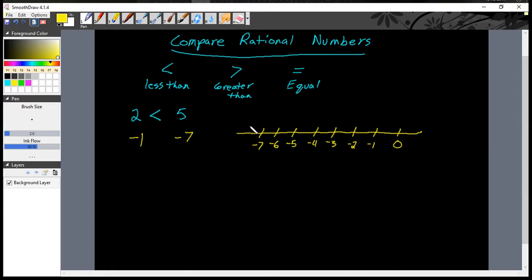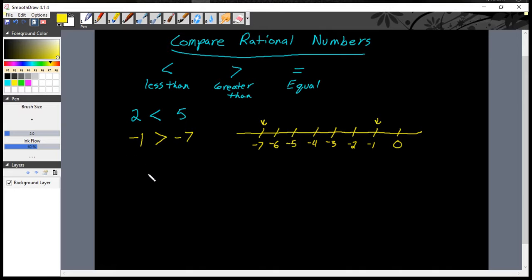If negative 7 is right here, and negative 1 is right here, on a number line, the larger numbers are to the right of the number line. So in this case, negative 1 is the larger number. So it should be negative 1 is greater than negative 7. Notice the large part of the symbol is towards the negative 1, and the small part of the symbol is towards the negative 7. Right, this should just be review.